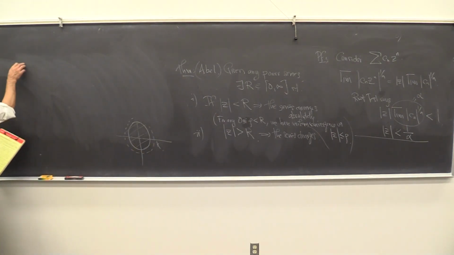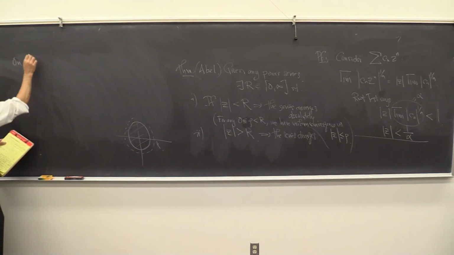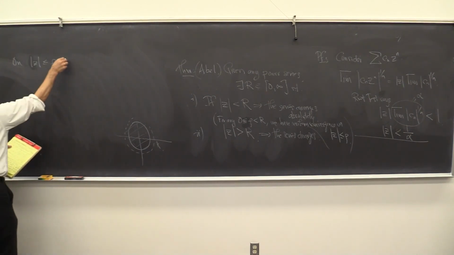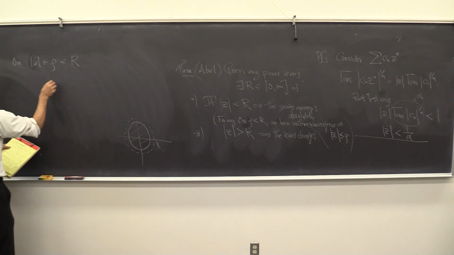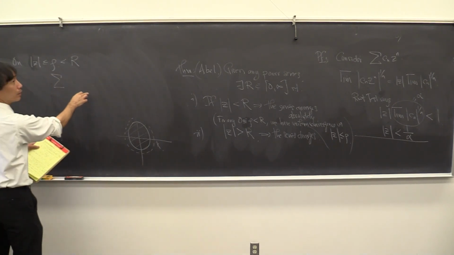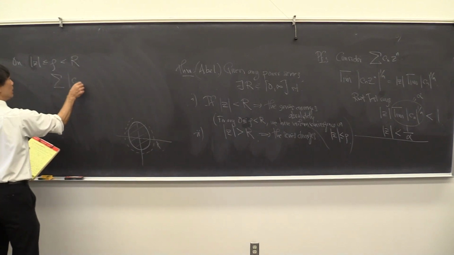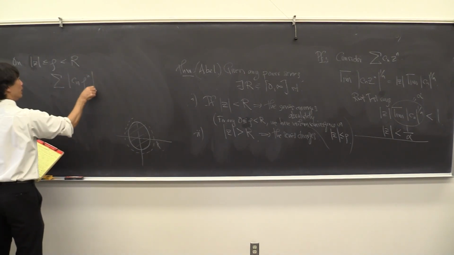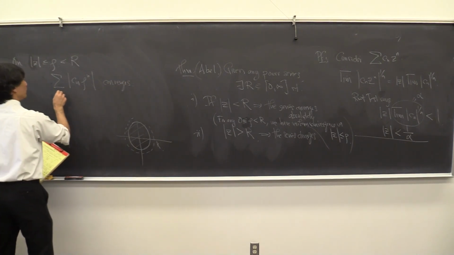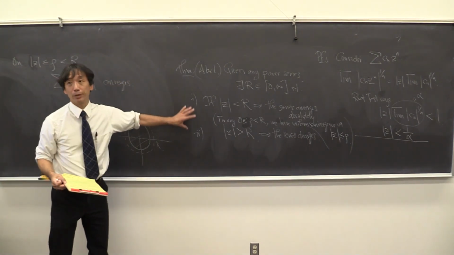to prove uniform convergence on absolute value of z less than or equal to rho, well, since rho is strictly less than r, we have that summation c sub n rho to the n converges, right? By what we just showed.